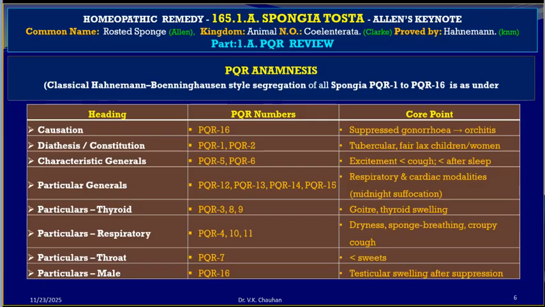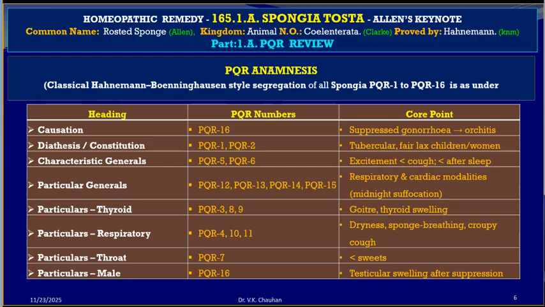We have characteristic generals, PQR5 and PQR6, which tell us excitement which aggravates cough, and there is a general aggravation after sleep. Then we have particular generals, PQR12, 13, 14, and 15. They are dedicated to respiratory and cardiac modalities. Midnight suffocation, both conditions, whether it is a respiratory or it is cardiac modality.